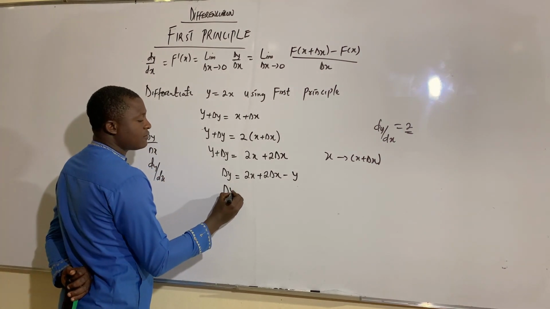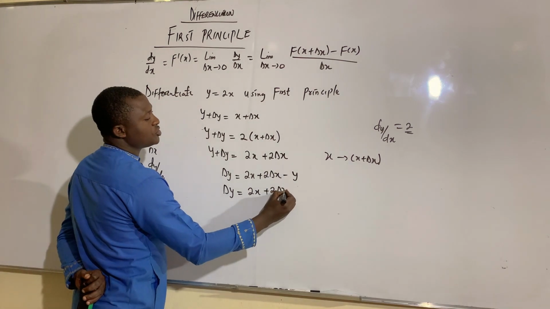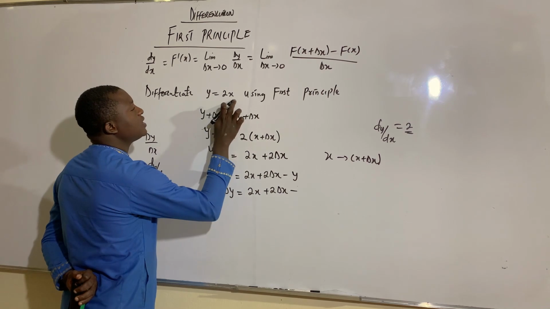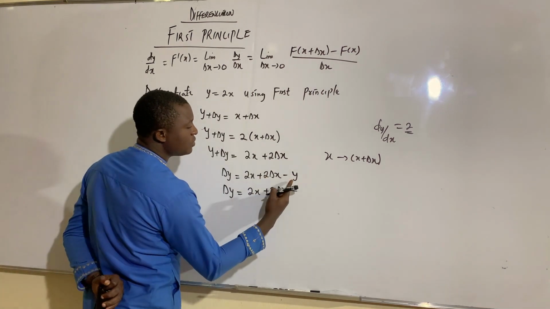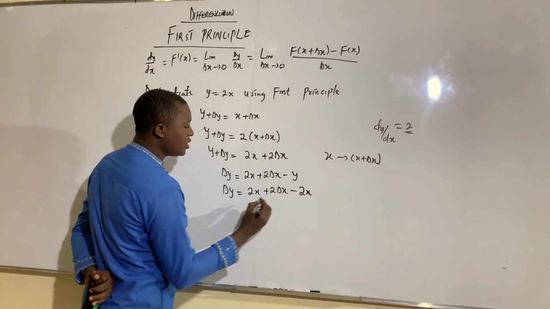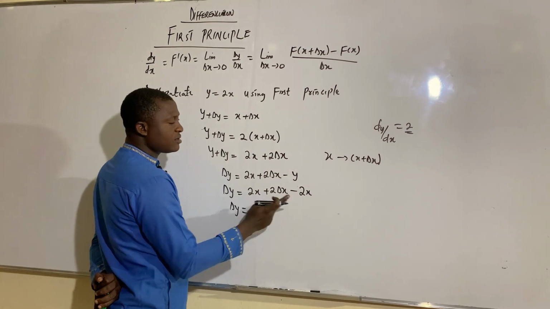So changing y is equal to 2x plus 2 changing x minus y. Now, this is our y. From here we have that y is equal to 2x, so instead of writing y, I replace y with 2x. So here we have changing y is equal to 2x plus 2 changing x minus 2x.